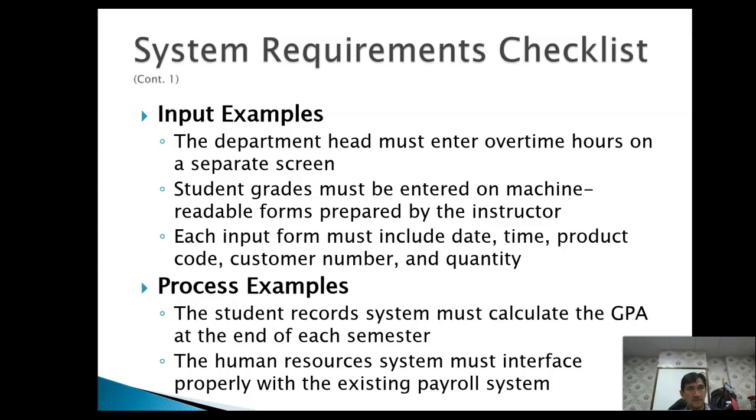And how many hours? Let's say the employee stays until 7 p.m. 7 minus 5 should be 2 hours. The system should be able to pick up 2 hours of extra work time times the rate, so the system can produce the total overtime to be paid.